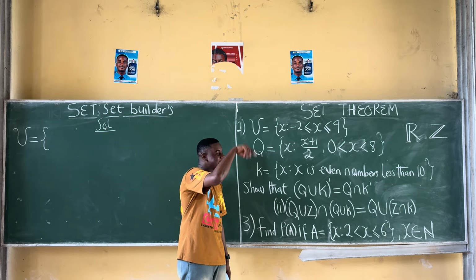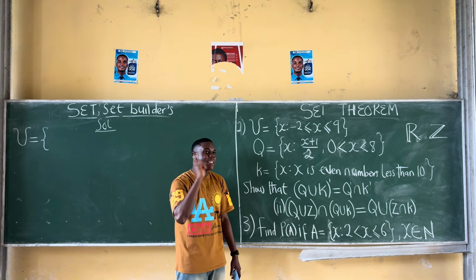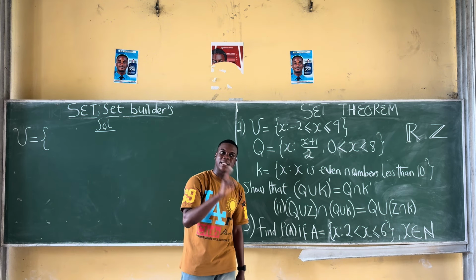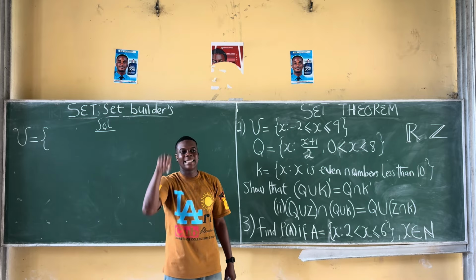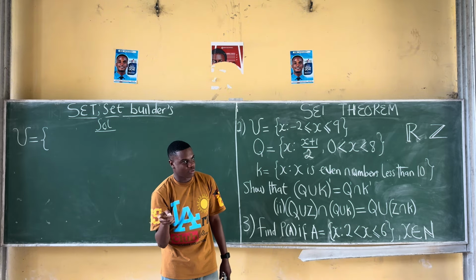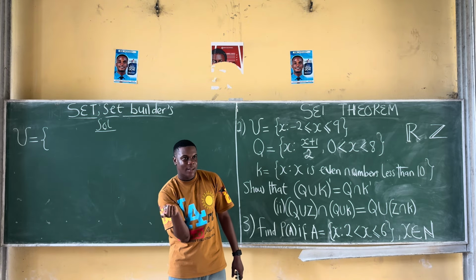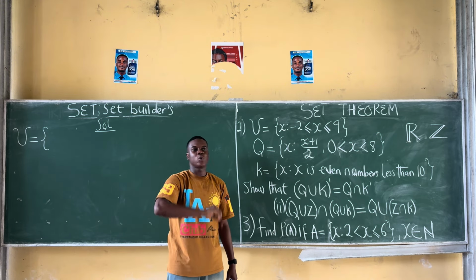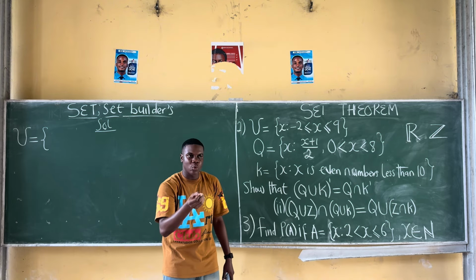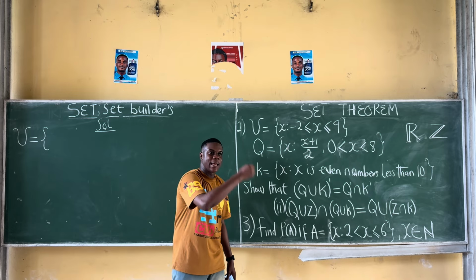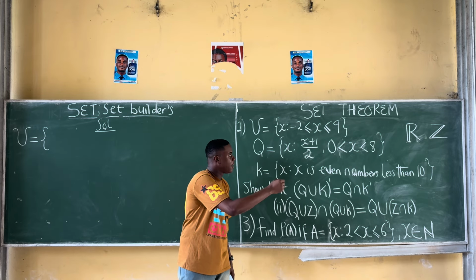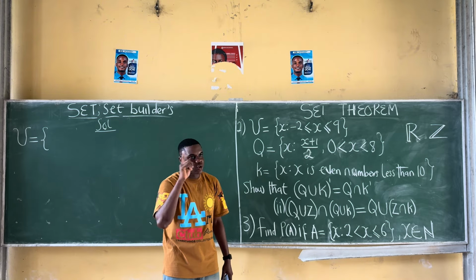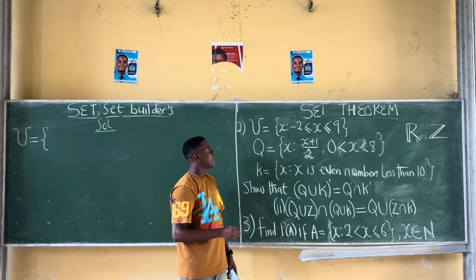They say minus 2 is less than or equal to X. That means that X is greater than or equal to minus 2. Flip it. It means that we're looking at minus 2 and numbers greater than minus 2. Please know that.